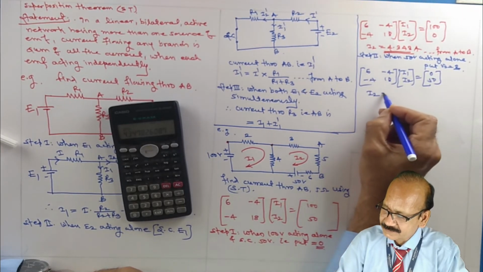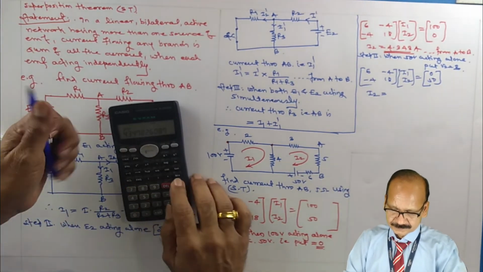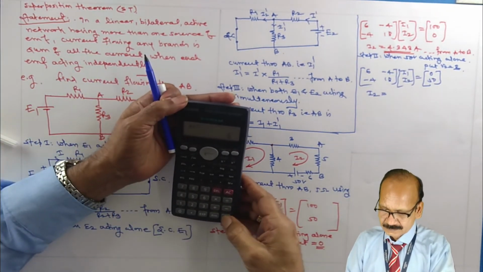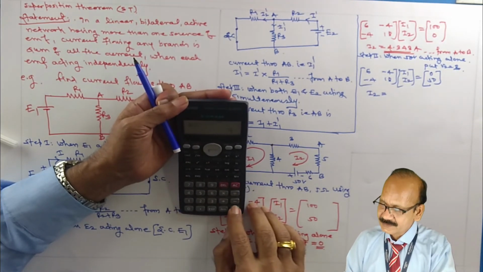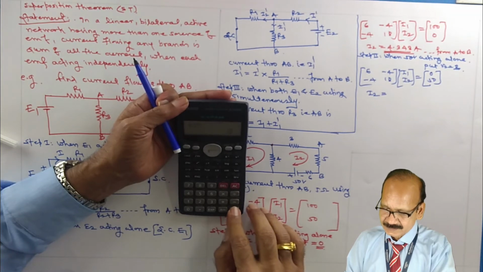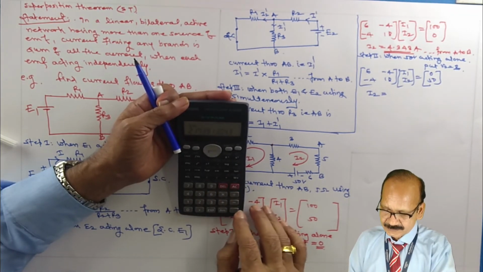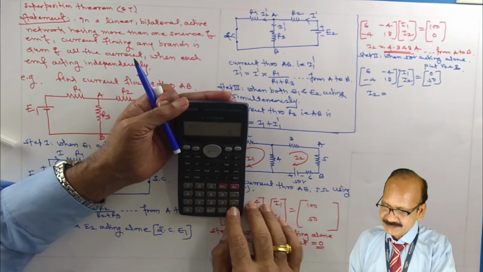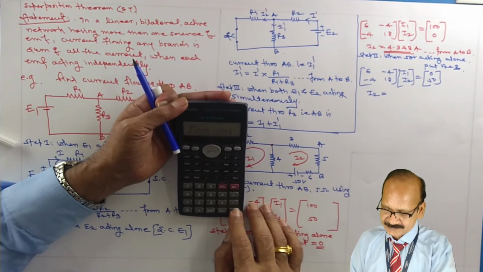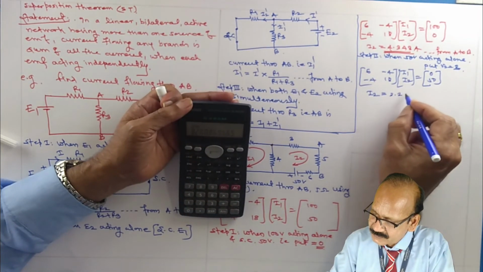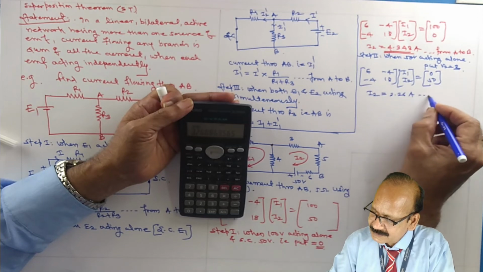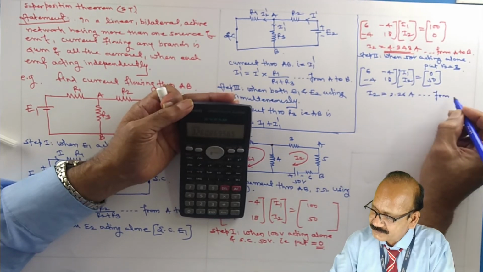Find out I2. Check it once again: 6, minus 4, 0, minus 4, 18, 50. This is I1 and this is I2, 3.26 ampere. As the answer is positive, this is also from A to B.